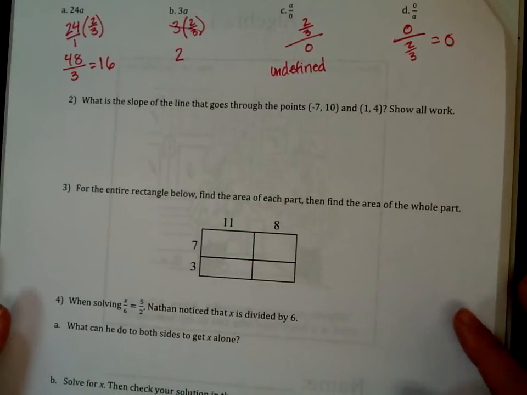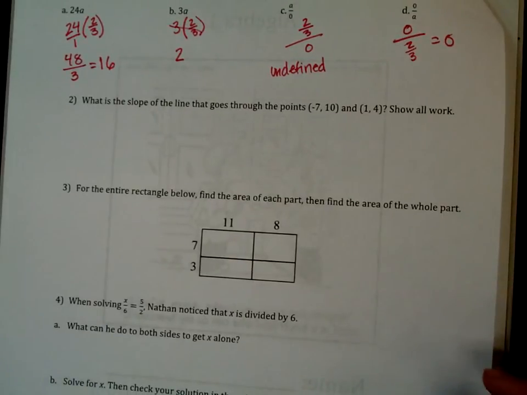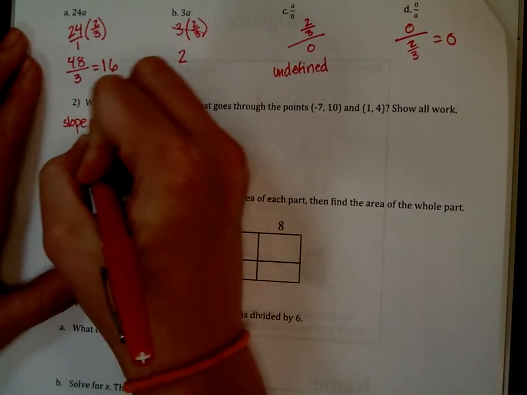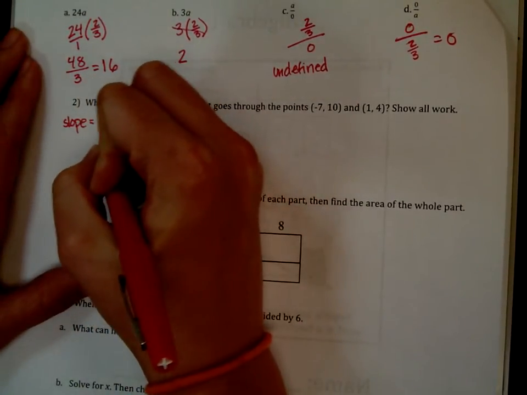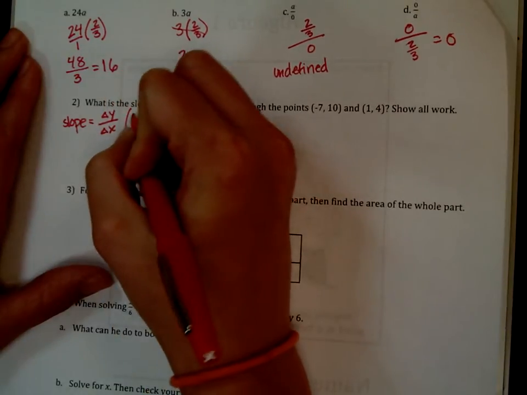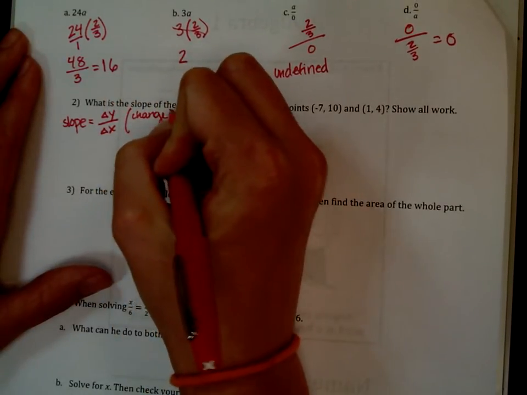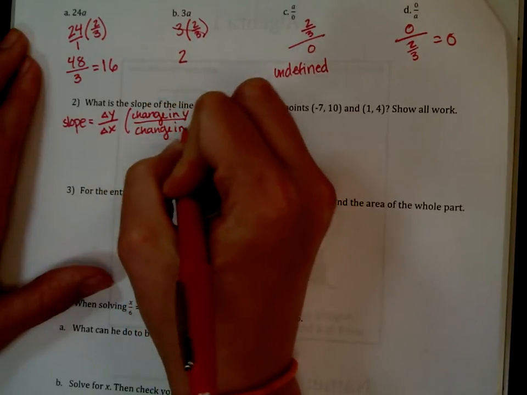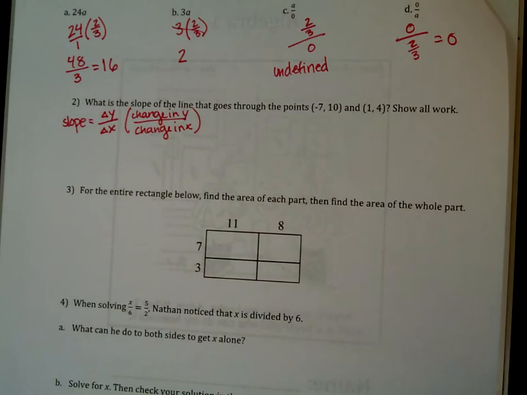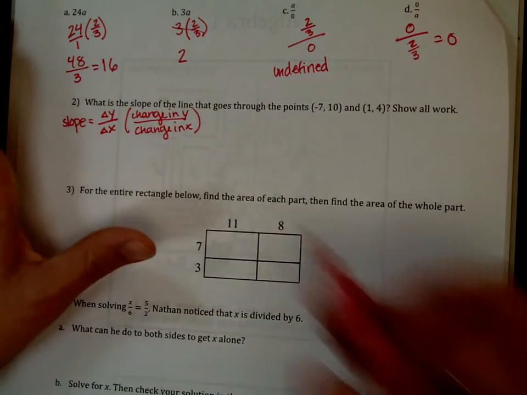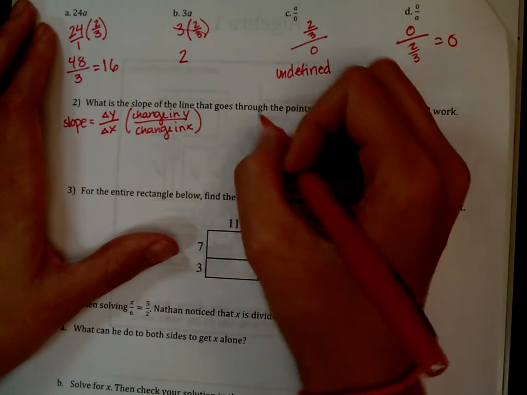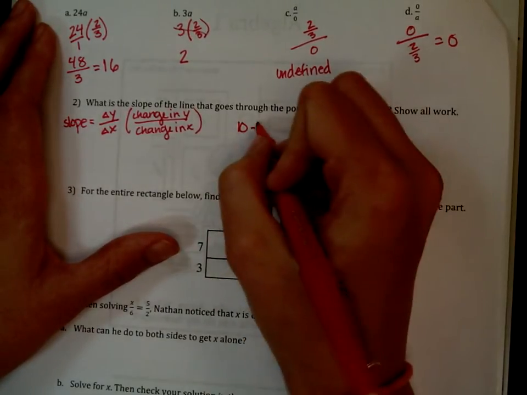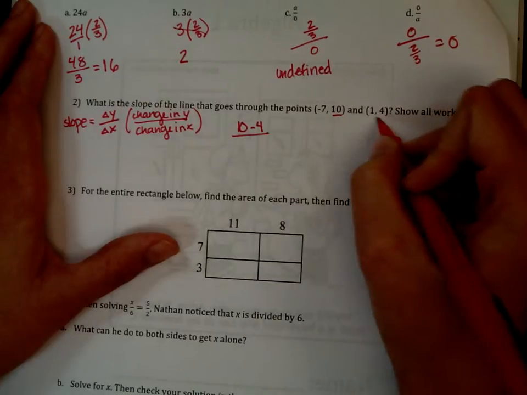What is the slope of the line that goes through the points -7, 10, and 1, 4? So remember that slope equals the change in y over the change in x. So we can represent the change by subtracting. So we're starting at 10 for y, and we're going to 4. So we subtract. We started at 10 and we went to 4.